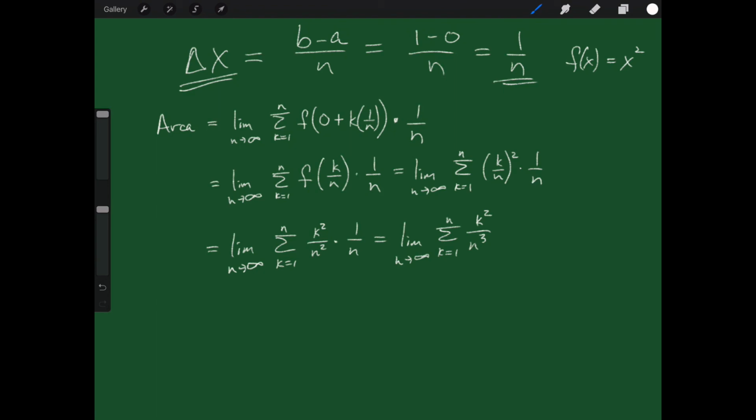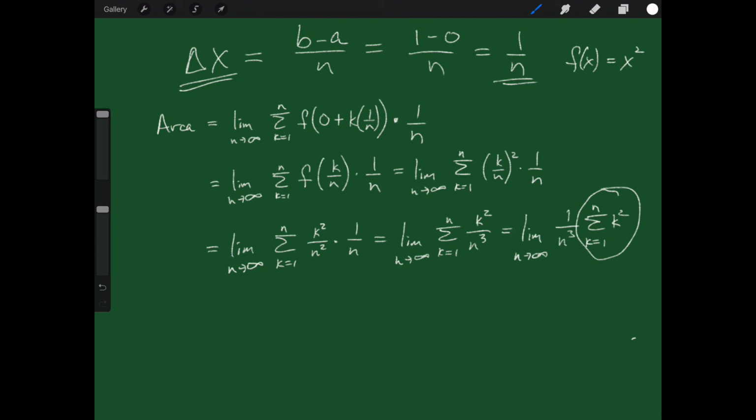So let's do it. I'm going to write this as the limit as n goes to infinity of the 1 over n cubed, which can come out of the sum, and then I have left over the sum, k going from 1 to n, of k squared. Now, this sum sitting right here, I already told you the answer to it.